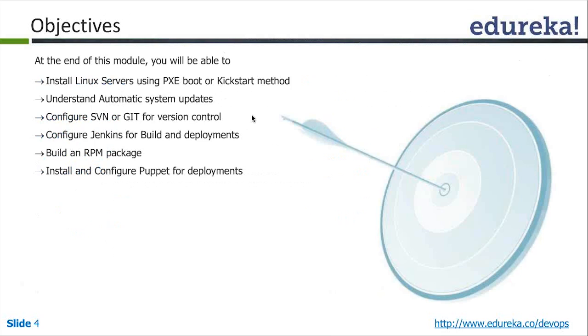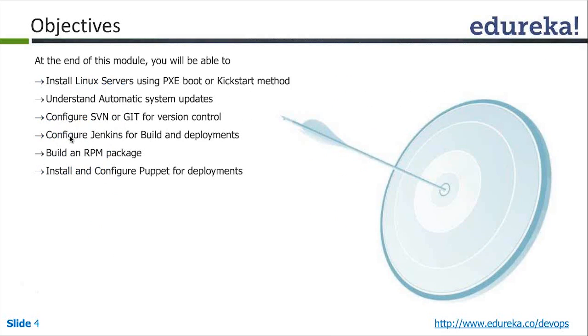Install Linux server using PXE boot or Kickstart. We understand what these automatic updates mean. Then we understand CI/CD, that is, what CI and CD are, continuous integration and continuous deployment, which we talked about. Git, SVN or Git, which is the standard today.